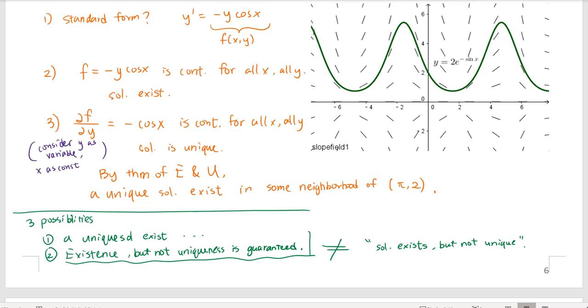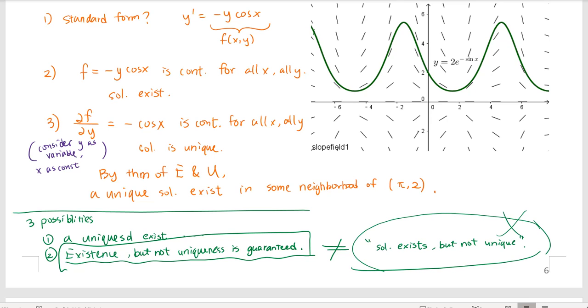No. Why? For the first, we can guarantee existence, but we don't guarantee uniqueness. So the solution might be unique or it might not be unique. We don't know. We cannot show it is unique, but we cannot say it's not unique. So don't answer like the second one. This is wrong.